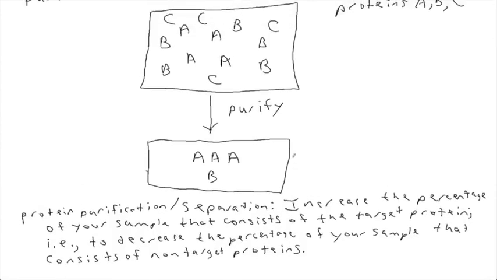Okay. So for example here, the way I've drawn that, let's say that our target is A. Well, in this sample, it looks like we have 4 A molecules. And how many total molecules did I draw in this sample? 13.